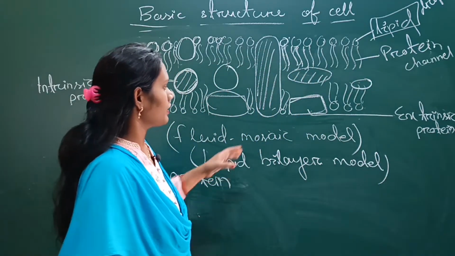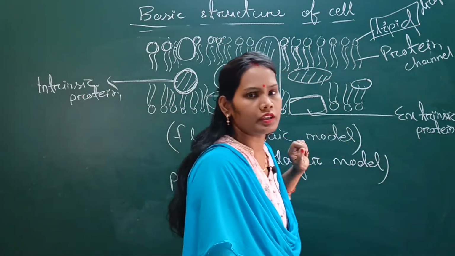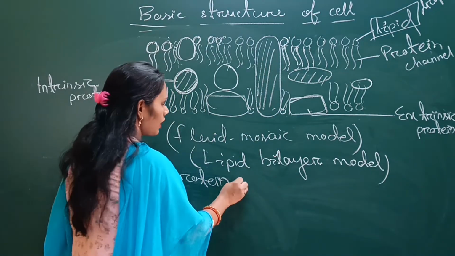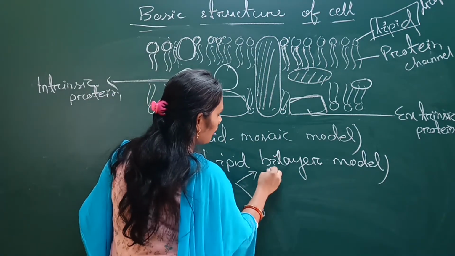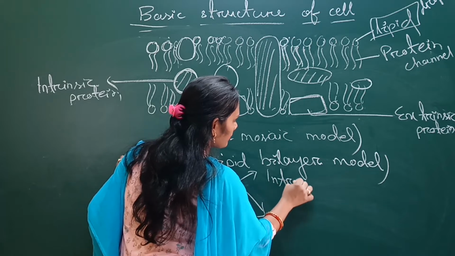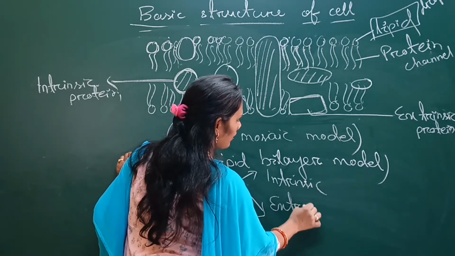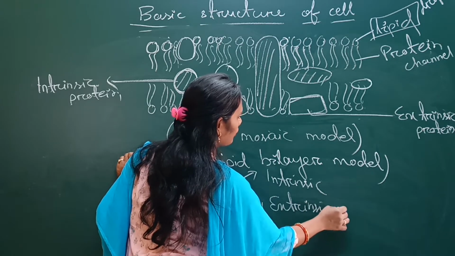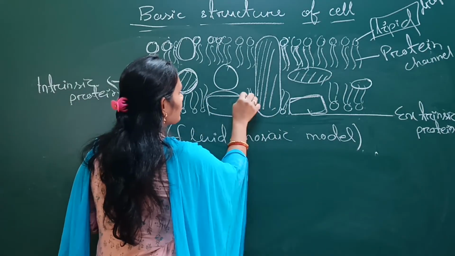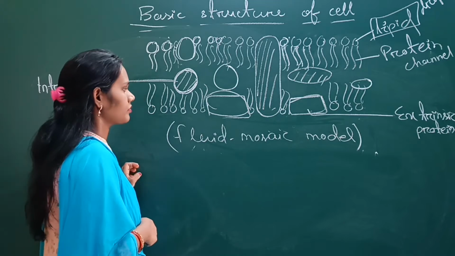That type of protein is called extrinsic protein. So there are two types of protein: one is intrinsic protein and another is extrinsic protein.